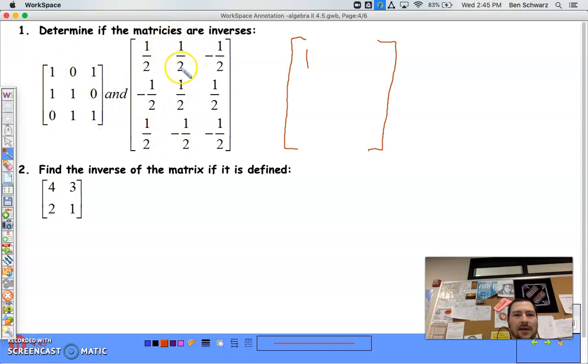So 1 times a half is a half. 0 times anything is 0. 1 times negative a half is negative 1/2, so we would get a 0 there. First row, last column, so we'd have negative 1/2, then there's 0, and then another negative 1/2, which is negative 1. This is no longer the identity matrix, so no. As long as you get one that doesn't work, you can stop.